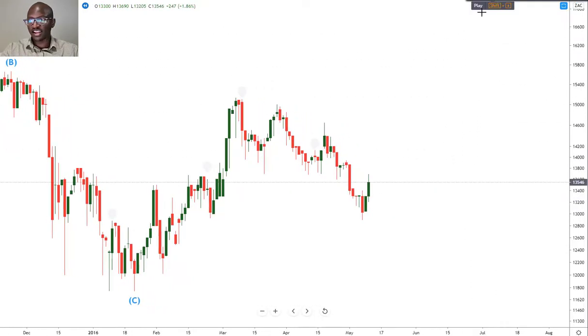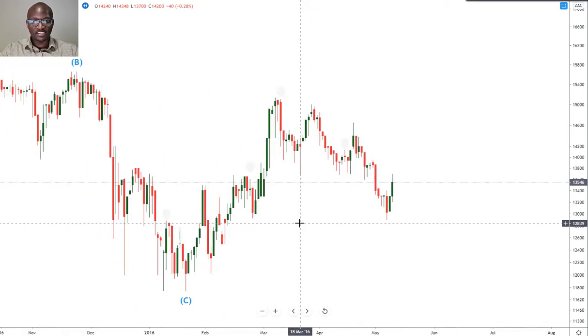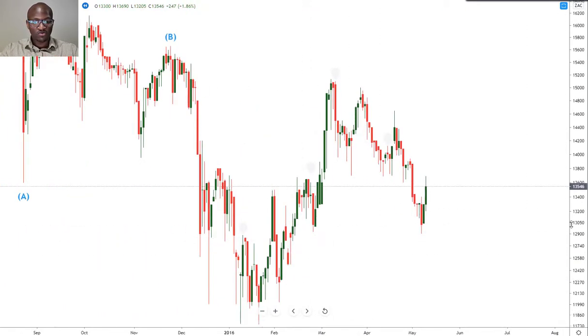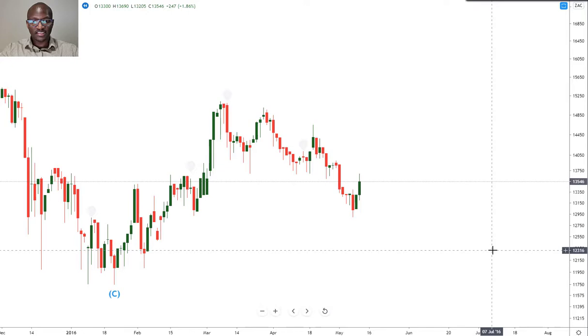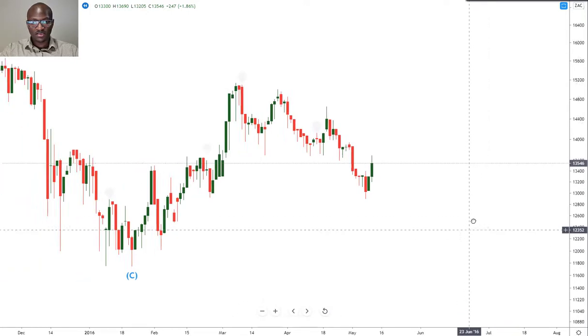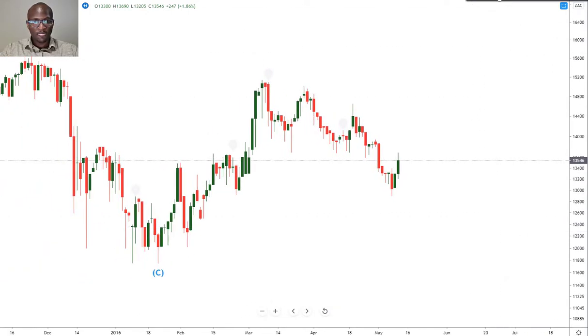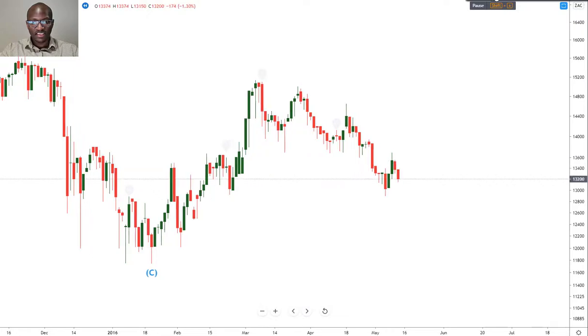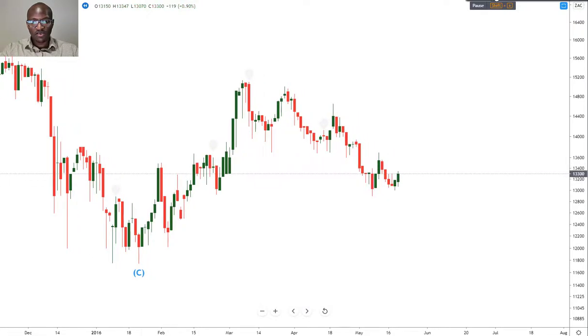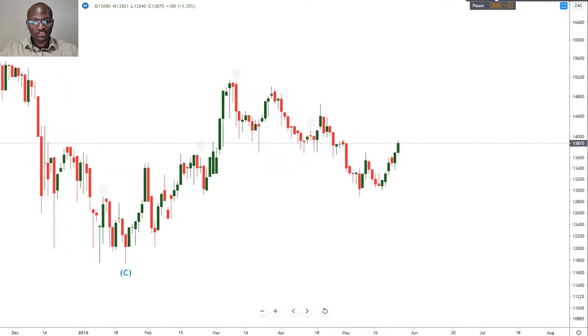And we will start seeing now price volatility returning. So if we look at the share, it's making a correction now, but then it will start to rally again.